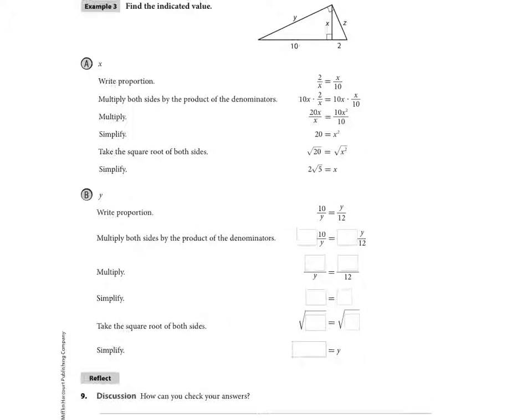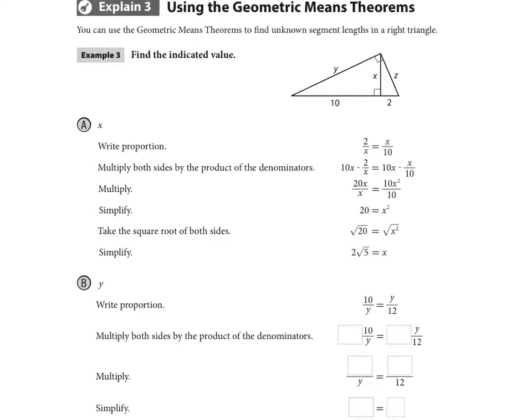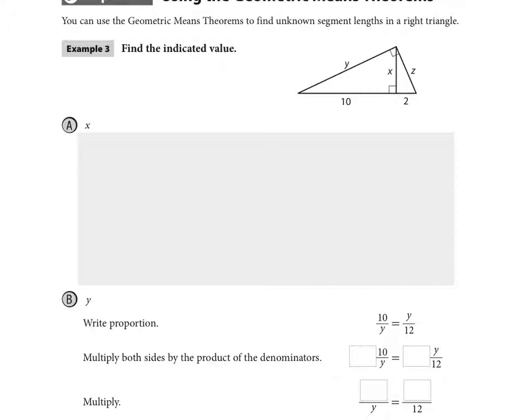So on page 667, we are looking at this triangle right here. I put a box over there so I could write on it. I need to find x. So I know that 2 is to x as x is to 10. 2 times 10 is 20 equals x squared.